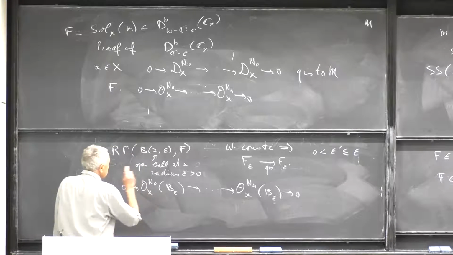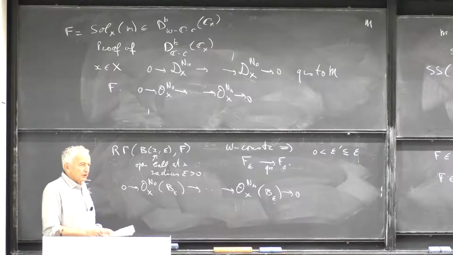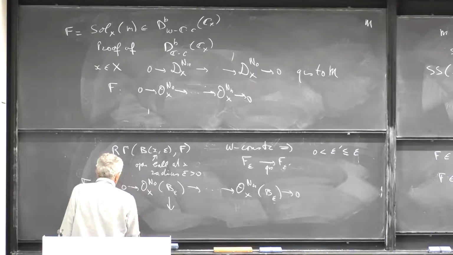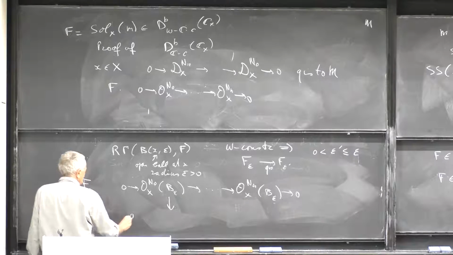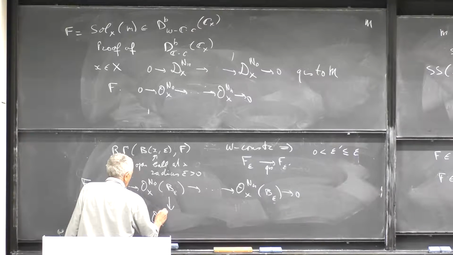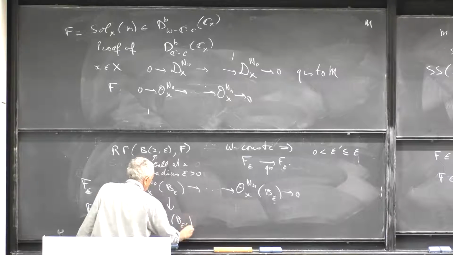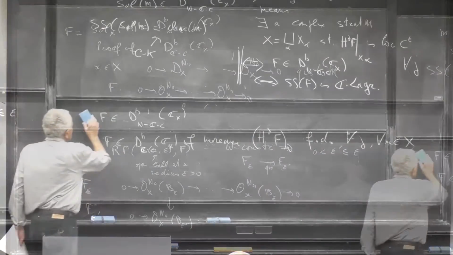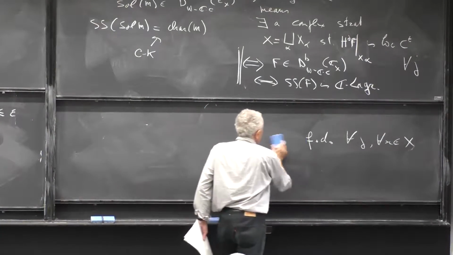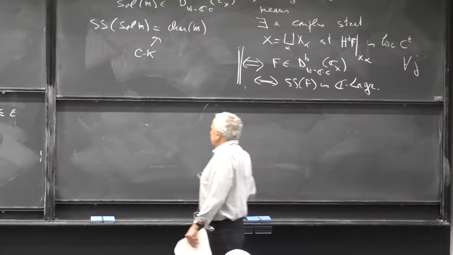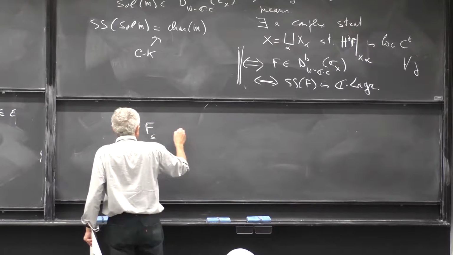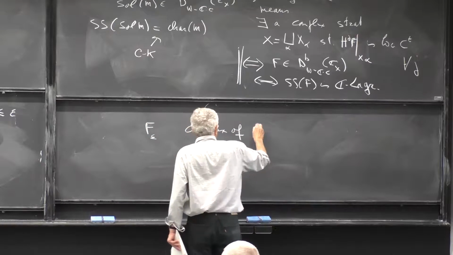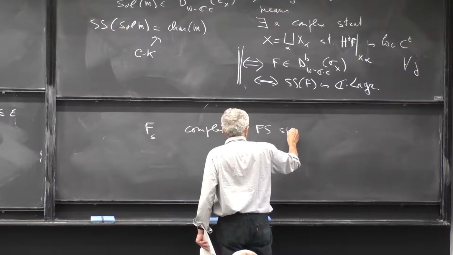Okay? Now, there is some functional analysis. I take F_epsilon, the restriction. I need some functional analysis. I have F_epsilon, which is a bounded complex of FS spaces.